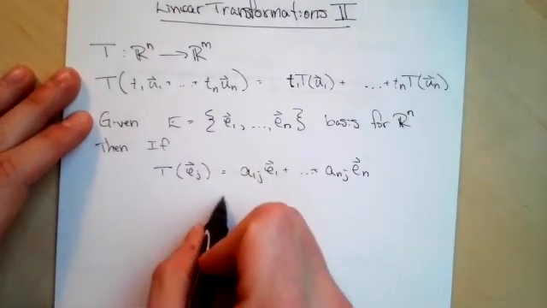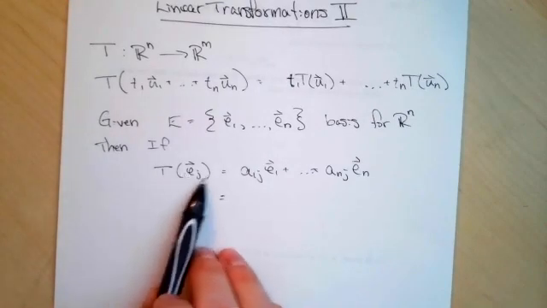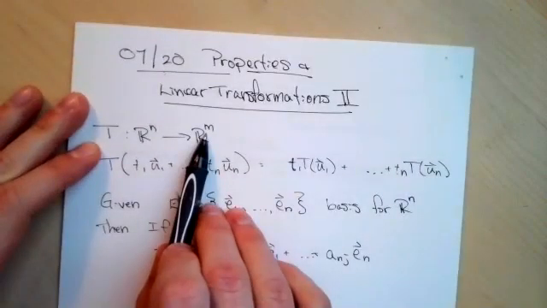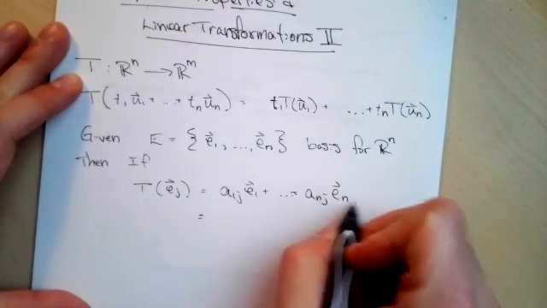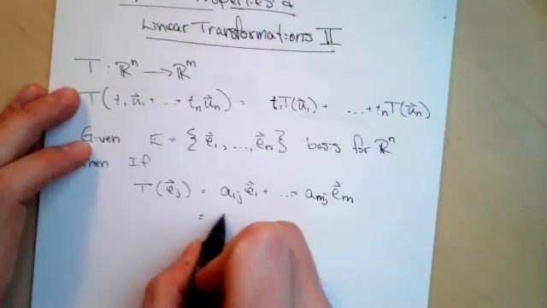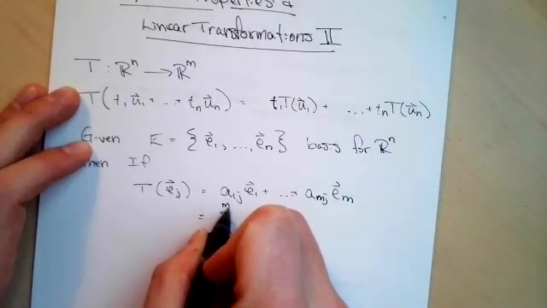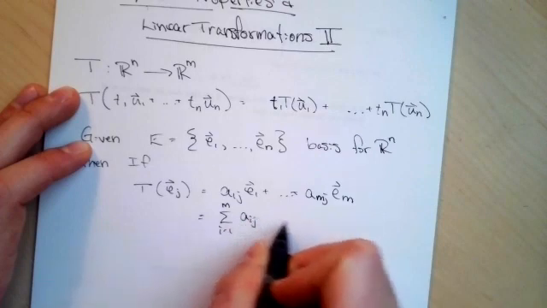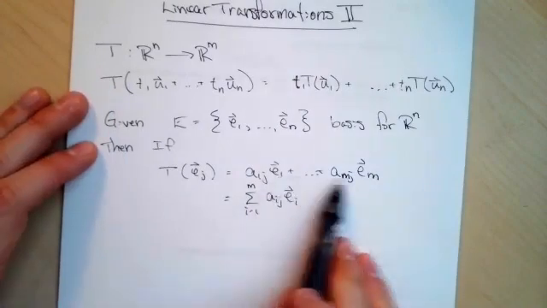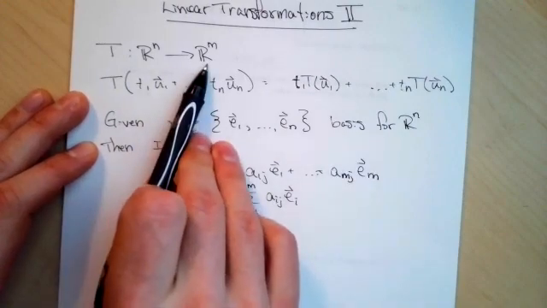So if we have a linear combination, the linear transformation is going to send some vector Ej into, if we're going to use m-dimensional space, let's go up to m dimensions. In other words, we're writing each one as a sum of the basis vectors. This E1 to Em are going to be our basis vectors for Rm.